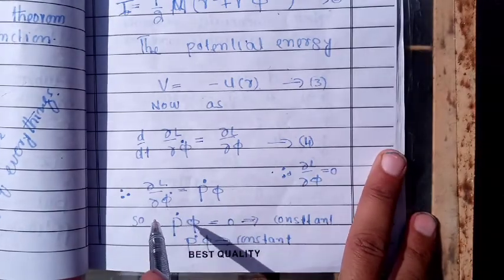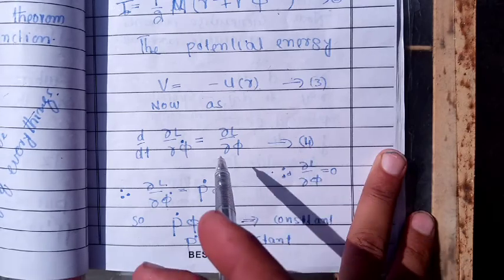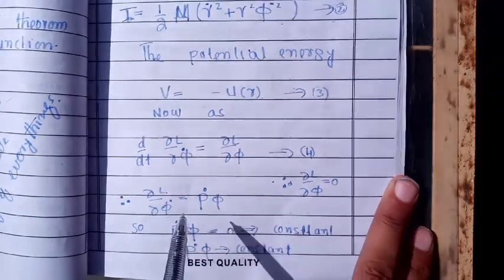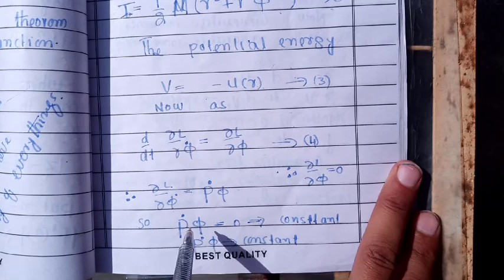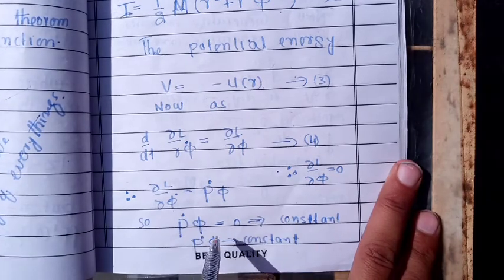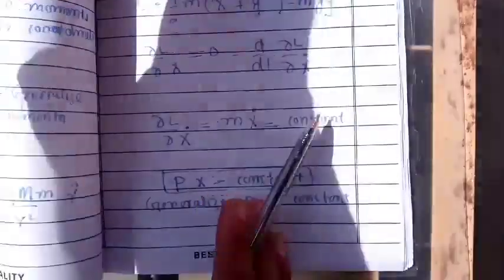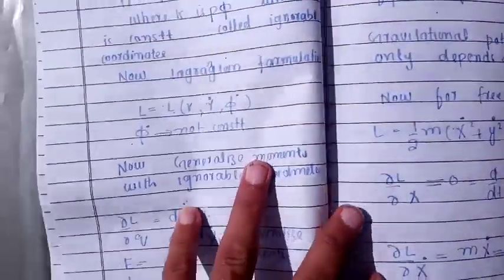We also know that dL by d phi dot is equal to m r square phi dot, which is p phi, and the second term, dL by d phi, is equal to 0. So p phi dot is equal to 0. It is a constant, so p phi is equal to constant. It shows the constant phenomena.